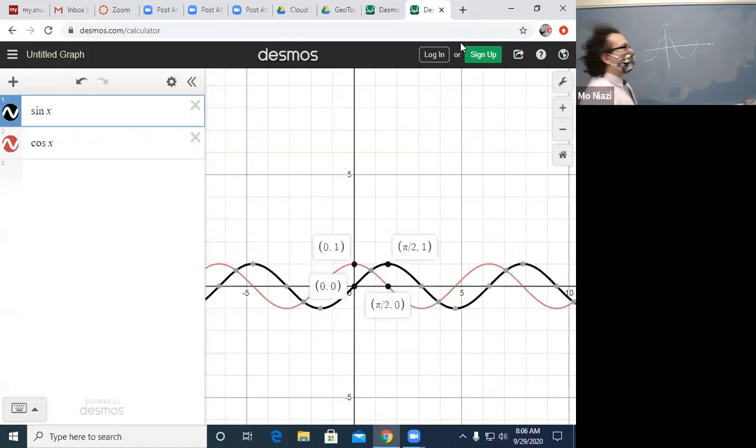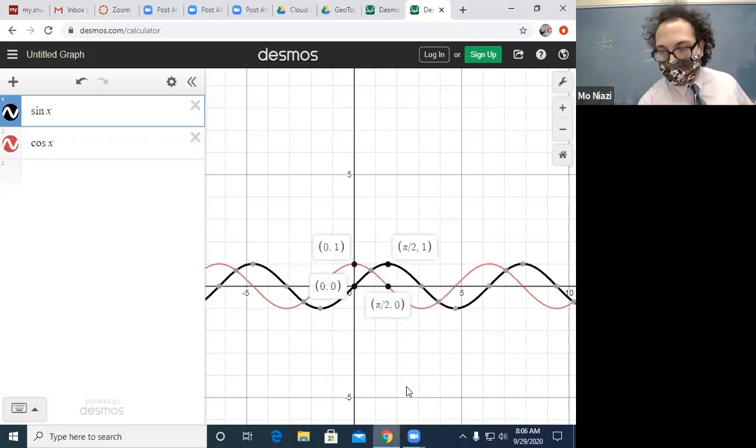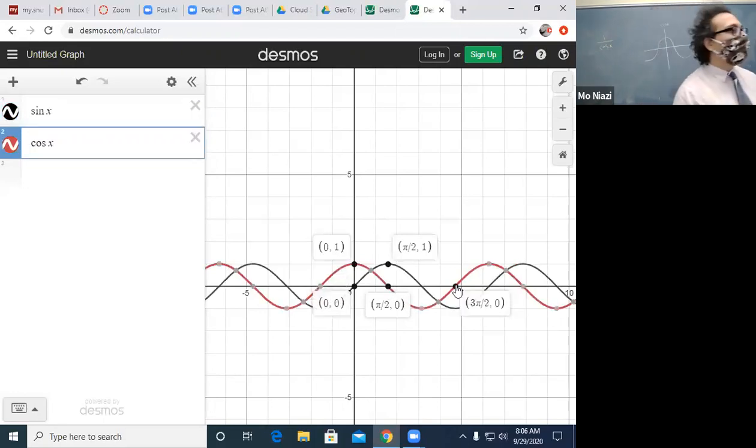What could go wrong here with 1 over cosine of x? Because clearly cosine does equal 0 at some point, doesn't it? Namely pi over 2, again here at 3 pi over 2. So it's going to be dividing by 0 at some points, right? So we can't have cosine of x equal 0.